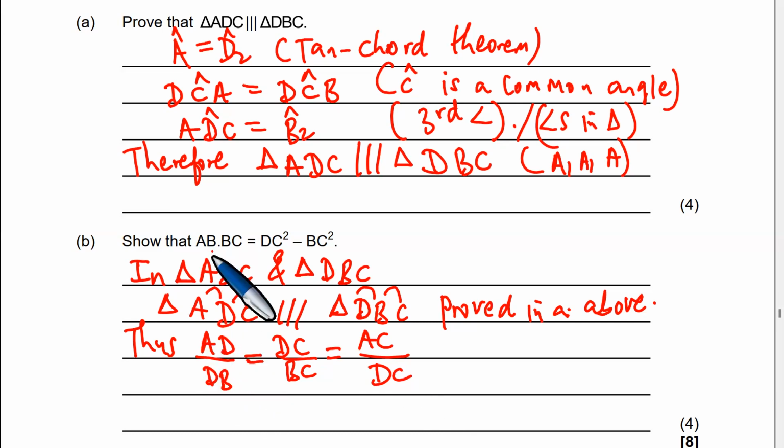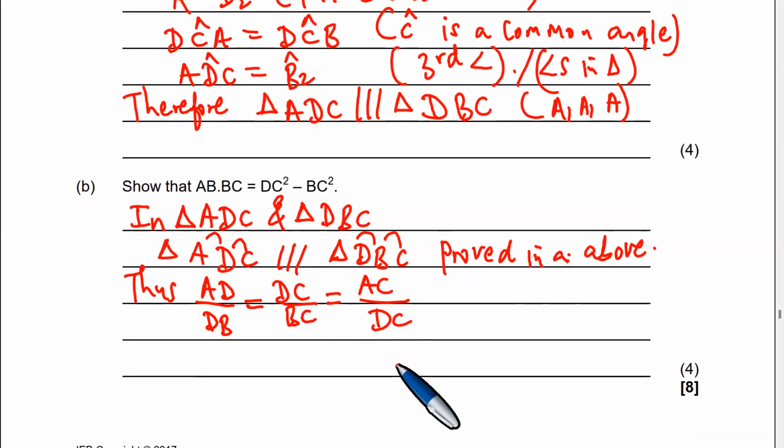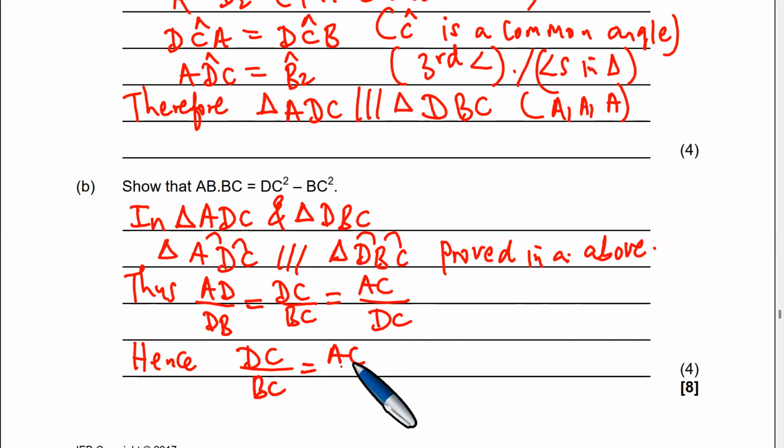Here there's no AD, but there's no DB as well. So we're going to take the second and the last. Hence we can take DC over BC, which is equal to AC over DC.